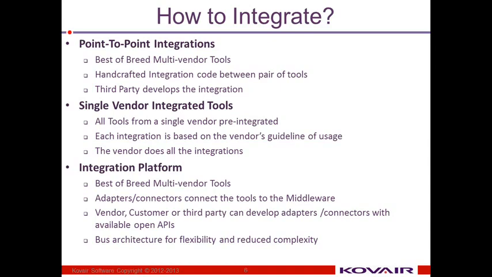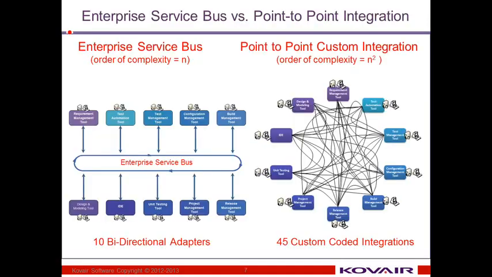In this case, the vendor, the customer, or a third party can develop the adapters or connectors with available open APIs. And a bus architecture can be used for flexibility and reduced complexity. So I'll come to the bus architecture in the next slide.